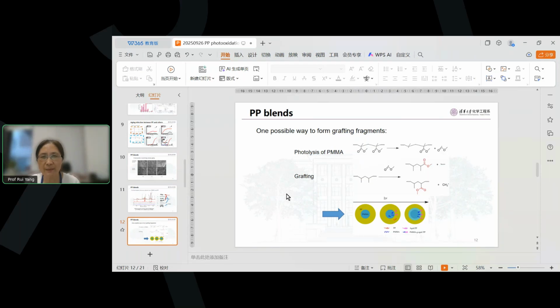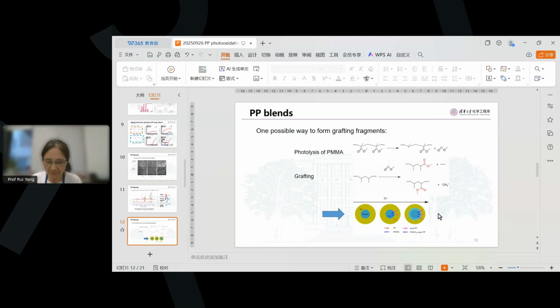And then the MMA radical will graft onto the PP main chain or the side chain to form the grafting copolymer or grafting structure of PP and PMMA. And this kind of grafting product will serve as an interfacial compatibilizer. So it helps to increase the interfacial interaction.